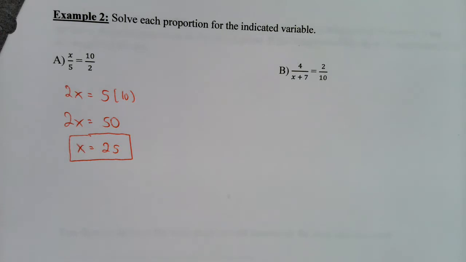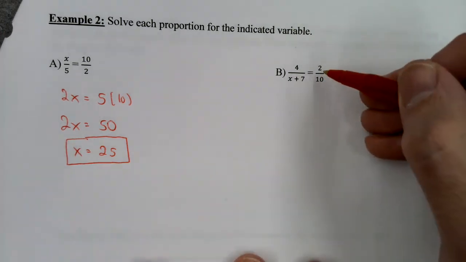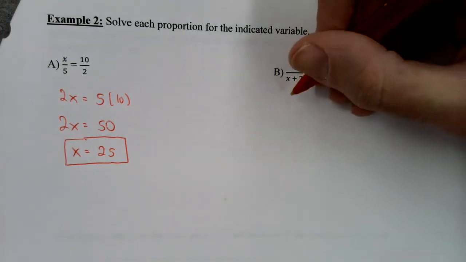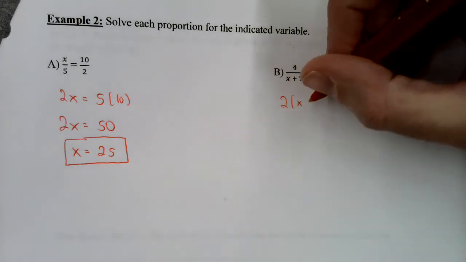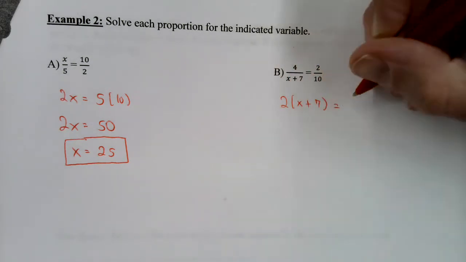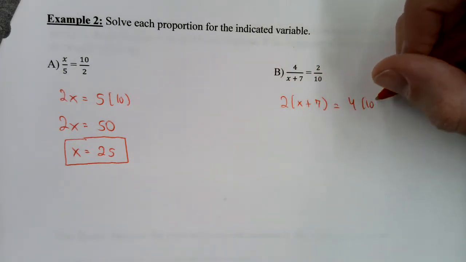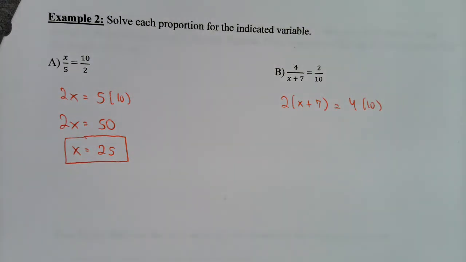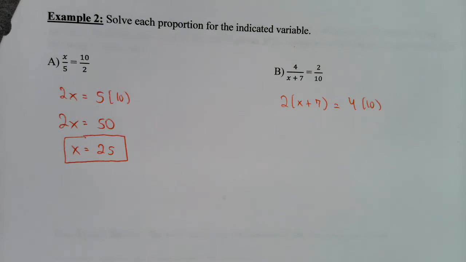(2b), almost the same thing, but you have to be careful. You're going to do 2 times x plus 7, but you're going to have to distribute, okay? Equals 4 times 10. Okay. So a lot of times people will forget to distribute. They'll do 2x plus 7 equals 40 in the next step. You have to make sure you distribute the 2.